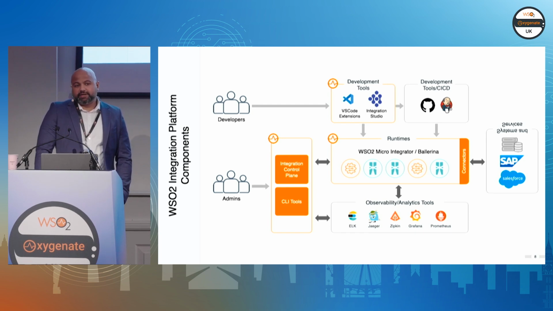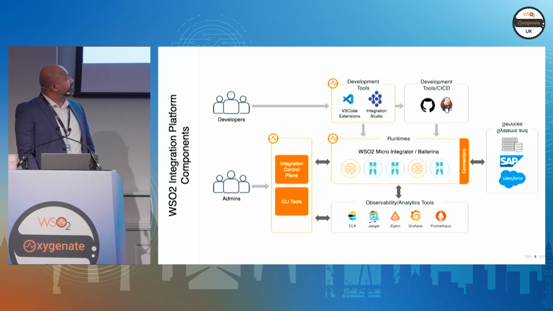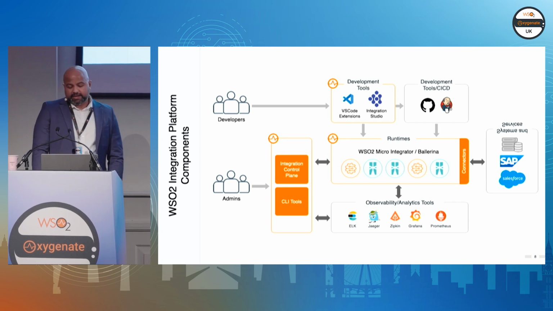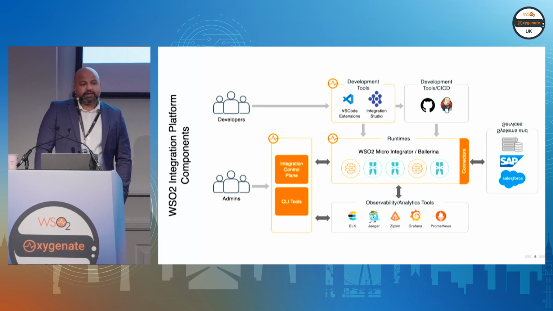So you can use this integration control plane or CLI tools in order to interact with the integration runtimes, which can be Ballerina or Micro Integrator in the WSO2 context. Under developer tooling, we have Eclipse-based Integration Studio as well as a VS Code-based plugin in order to allow development of WSO2 related integration flows.